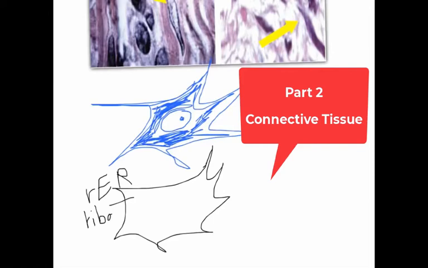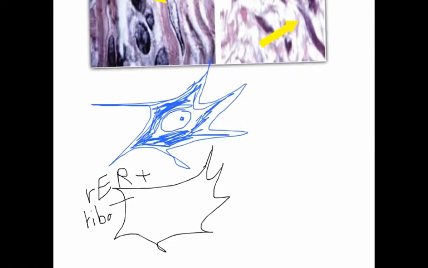Rough endoplasmic reticulum has also with it the secretory, which is the Golgi apparatus. So, well-developed rough endoplasmic reticulum and the well-developed Golgi apparatus, a lot of free ribosomes, as well as many mitochondria.